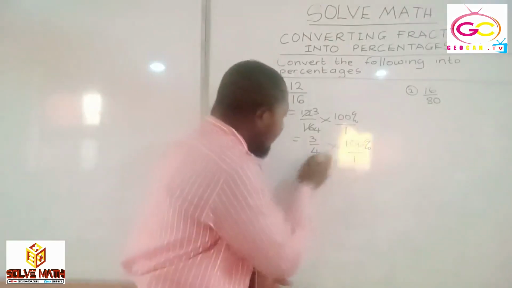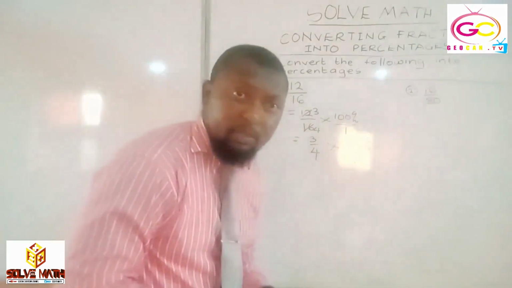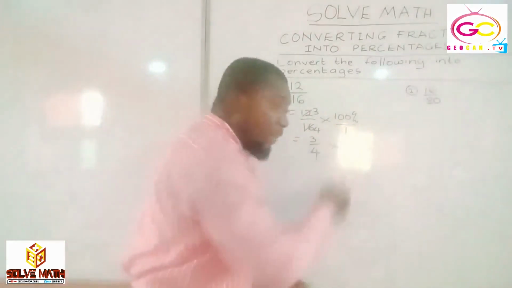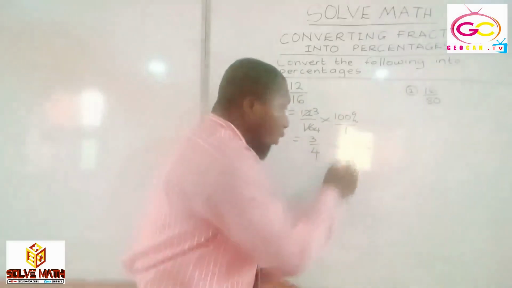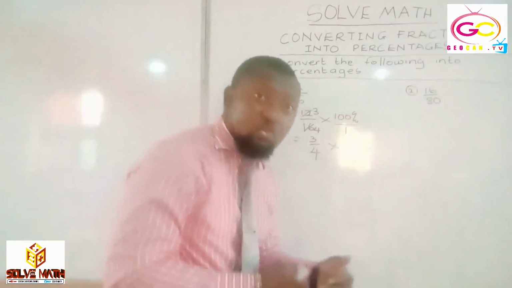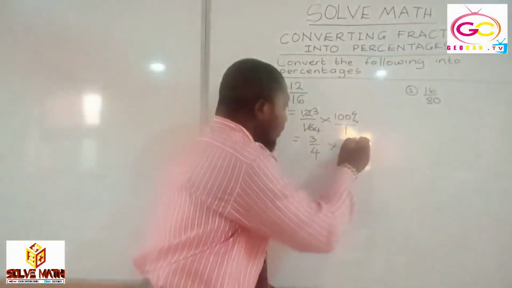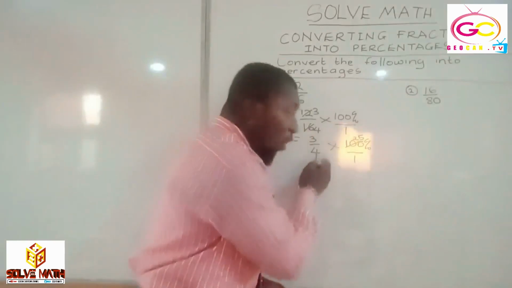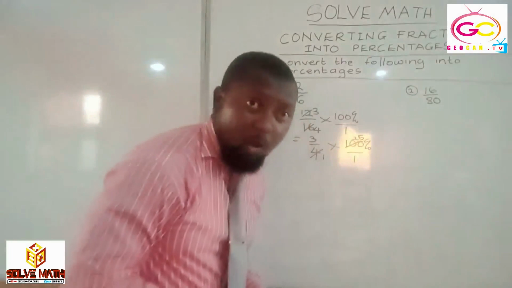Now, let's see. 4 can go into 100. Yes, so we can do that diagonal cancellation. Right? Good. 4 times what will give you 100? And it is 4 times 25. So 4 will go into 100 25 times. 4 will go into itself for 1. So we cancel, right? 1.